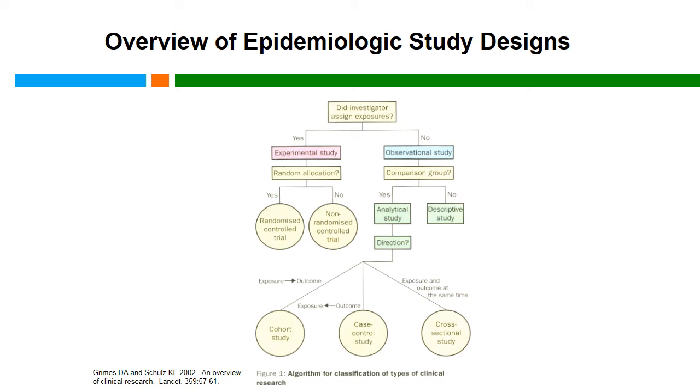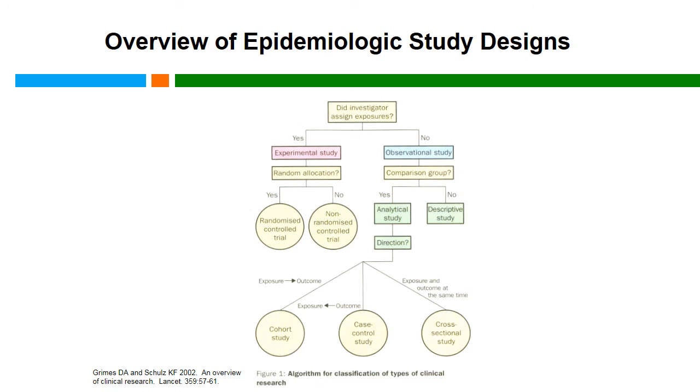If exposures were not assigned, that is, if the study is not a clinical trial, then we're in the land of observational studies. Note the distinguishing characteristic of analytic versus descriptive studies. In descriptive studies, we are not comparing disease or exposure among varying groups, while in analytic studies, we have a control population that we're comparing things to.